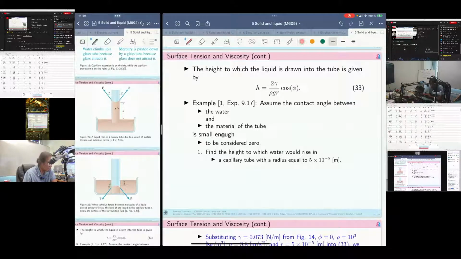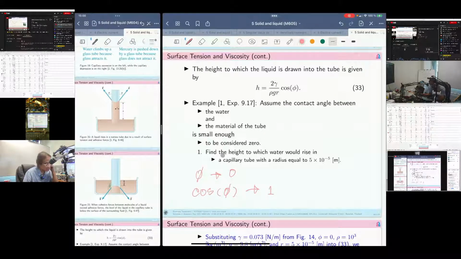With this assumption, cosine phi tends to what number? It should be close to number 1, and this will be only a number 1 and has no effect at all, right?